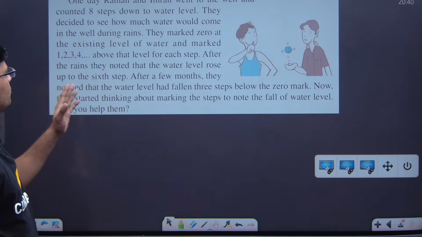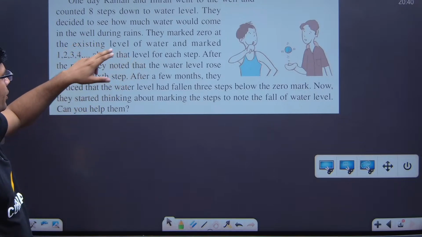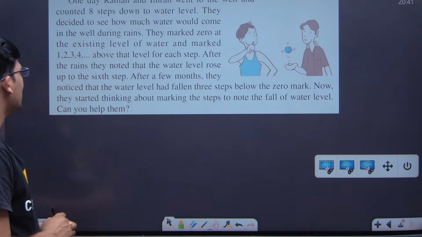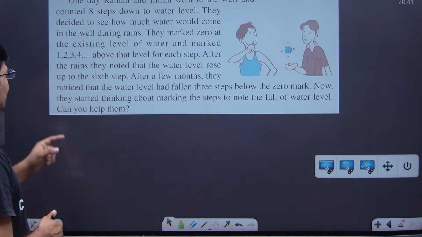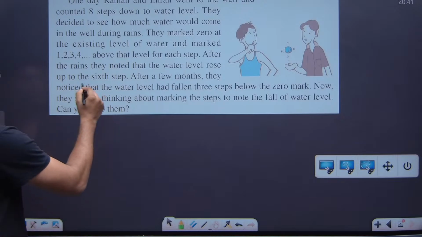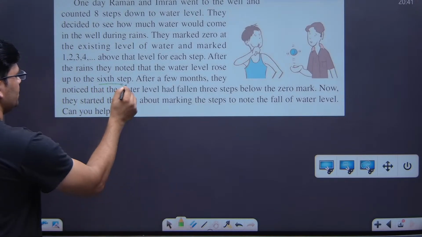They decided to see how much water would come into the well during rains. They marked 0 at the existing level of water and marked 1, 2, 3, 4 above that level at each step. After the rains, they noted that the water level rose up to the 6th step.